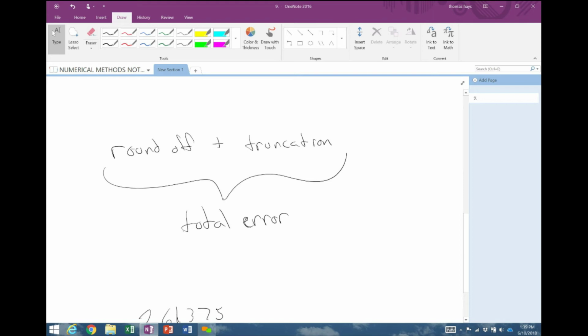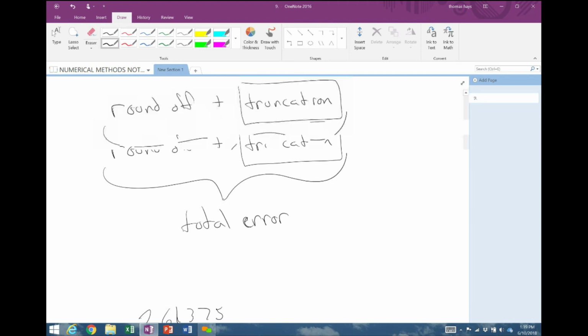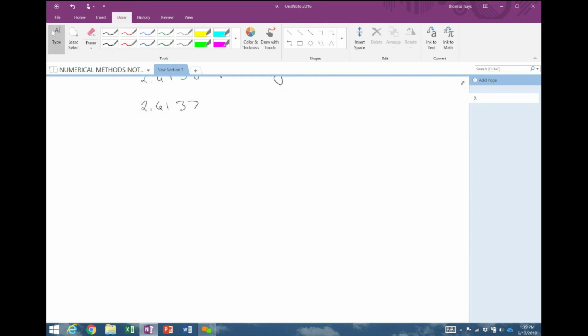Truncation, as an entirely separate category, comes from truncation of sequences and series that represent continuous functions in numeric form. You will find in the rest of this class that many parts of the numeric theory developed will follow series.